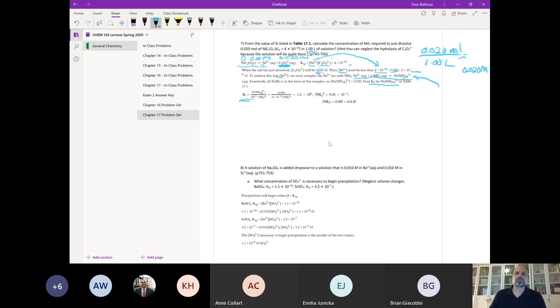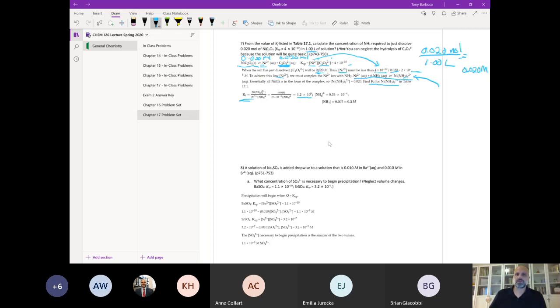You make that assumption because the complexation between the nickel and the ammonia has a KF that is very, very large, down here it's 1.2 times 10 to the minus 10. So we have a very large formation constant, so you assume all of the nickel is forming, and that's where your concentration is coming from.